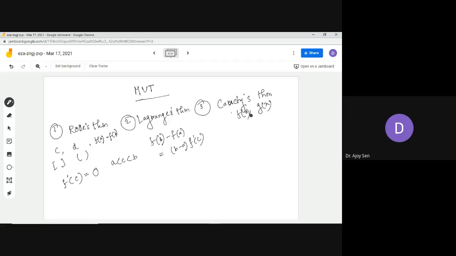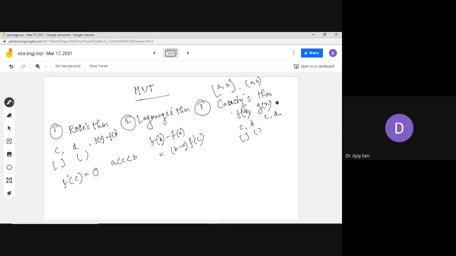Both functions are continuous in the closed interval AB and differentiable, or derivable, in the open interval.